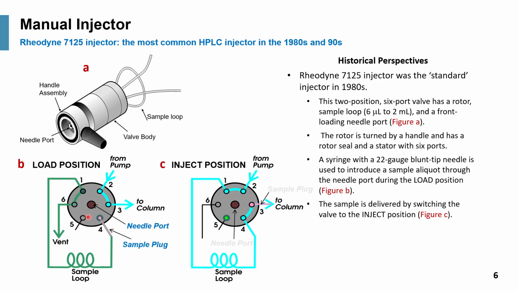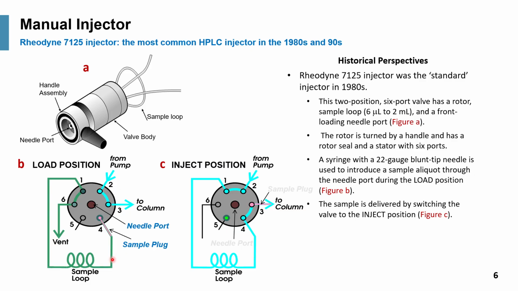So in this position, it's a load position where one would insert a syringe with an aliquot right in the central port, and express the aliquot right into the sample loop. It would enter the sample loop kind of backward in this position over here.